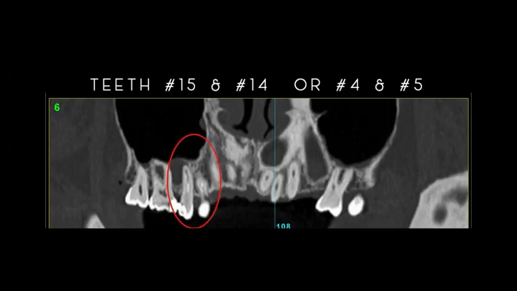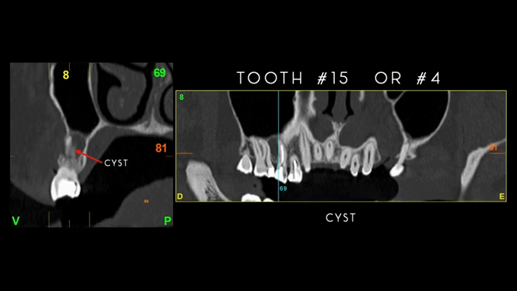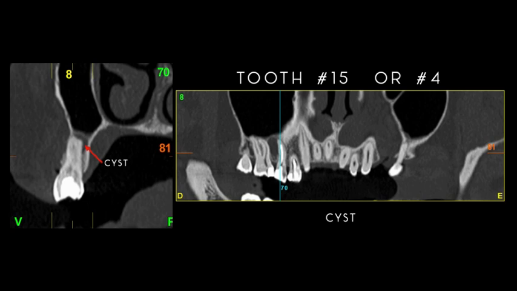And when we go through the CBCT, we can see that there is a huge cyst on tooth number 15 and, well, little bone. If we go to the sectional cuts, we can see that there is almost no bone around tooth 15, so very limited availability.